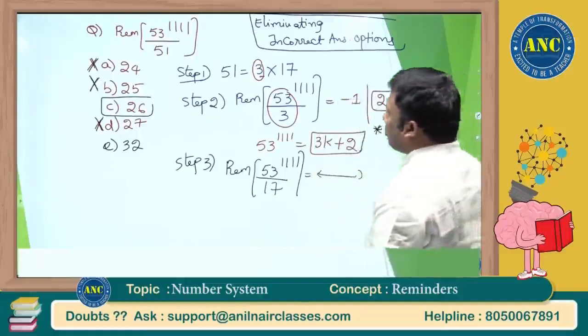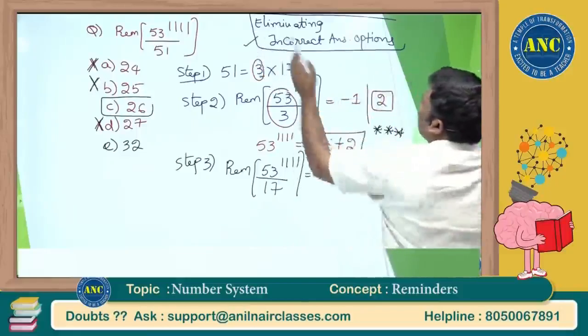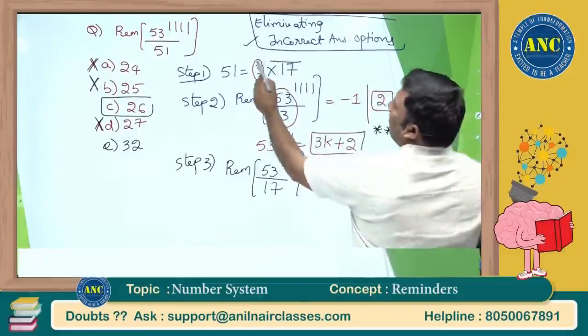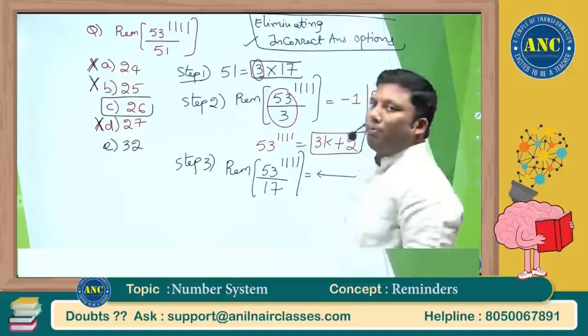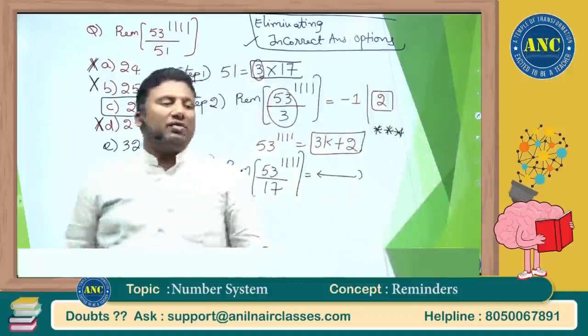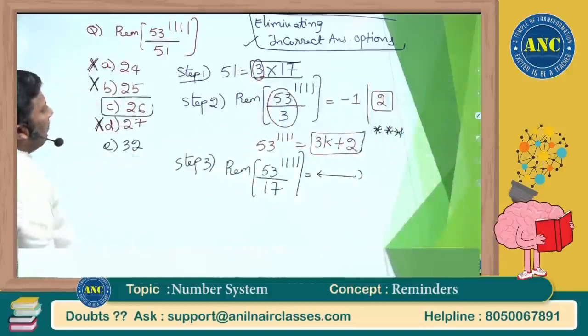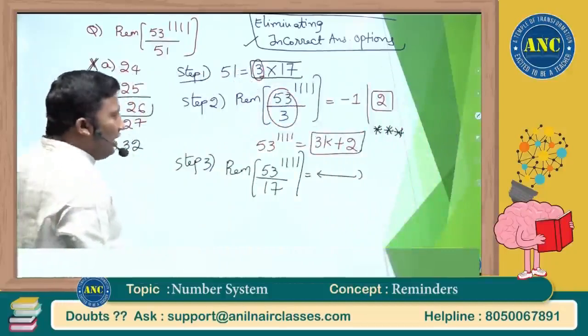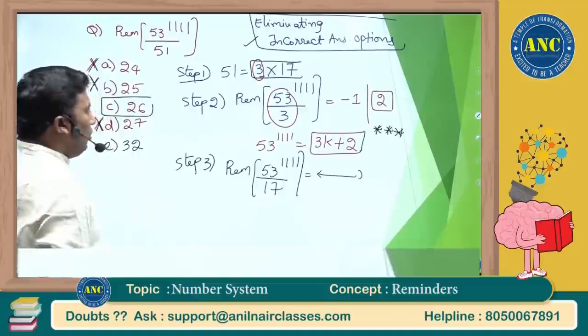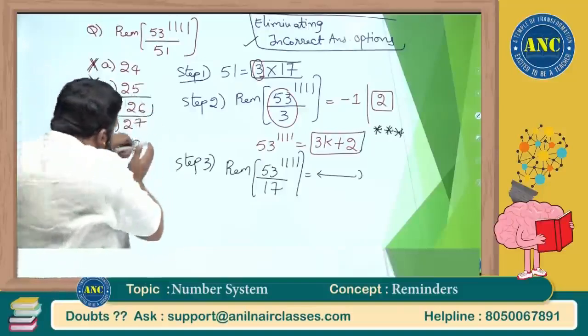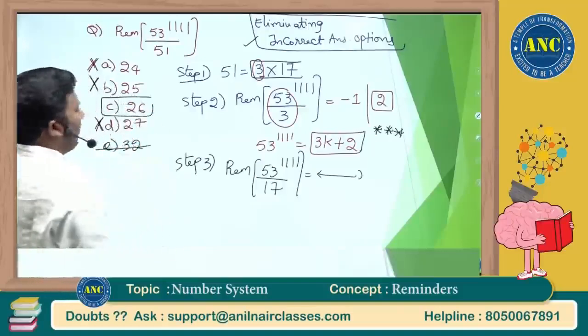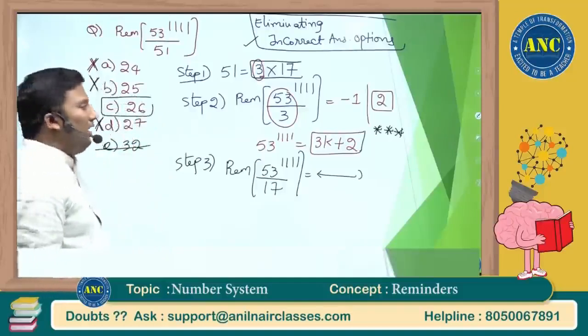First question: how did we eliminate answer options? First I wrote the number as a product of co-prime numbers, 3 into 17. So 5 power 1111 divided by 3 gives remainder 2. When divided by 3, the remainder is 2. If there is no option other than 26, all the others can be eliminated.